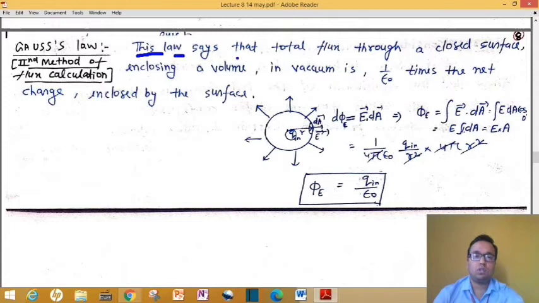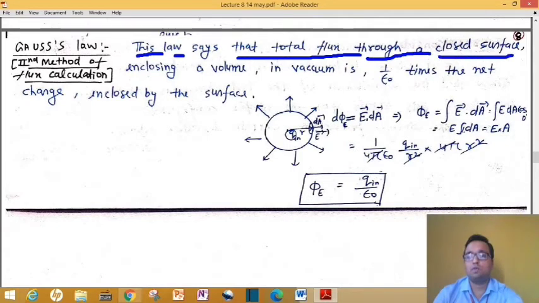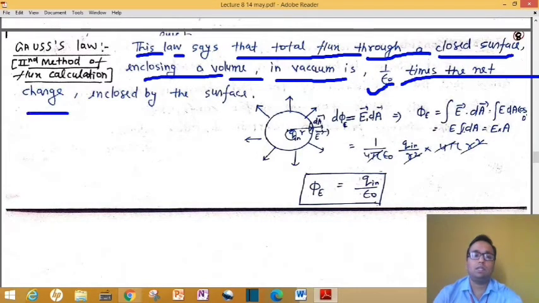So understand it. This law says that the total flux, or radiation or power, through a closed surface enclosing a volume in vacuum is given by 1 by epsilon naught times the net charge enclosed by the surface.